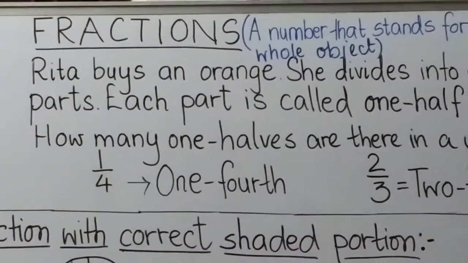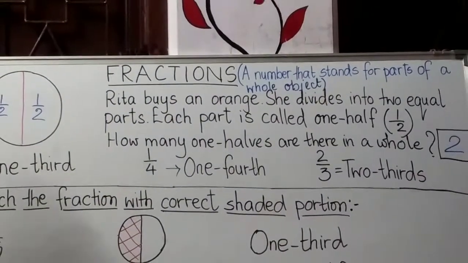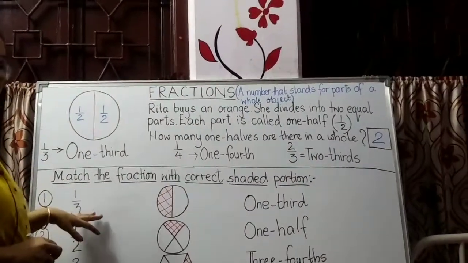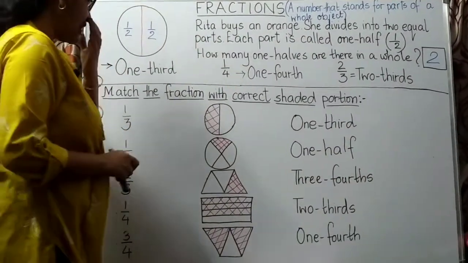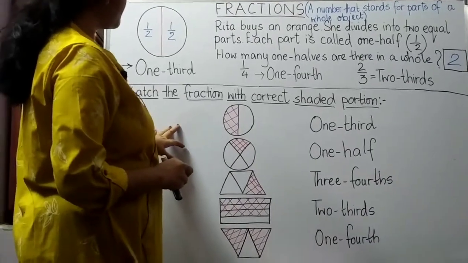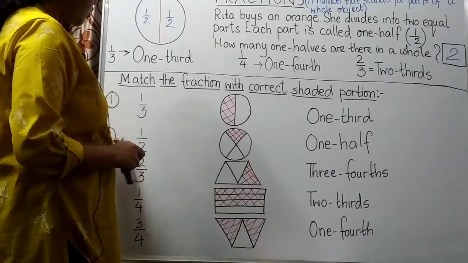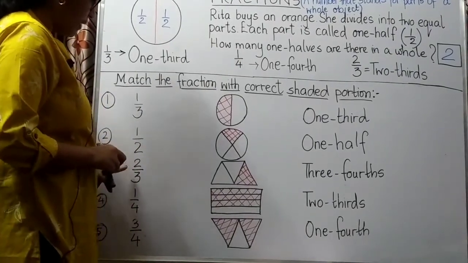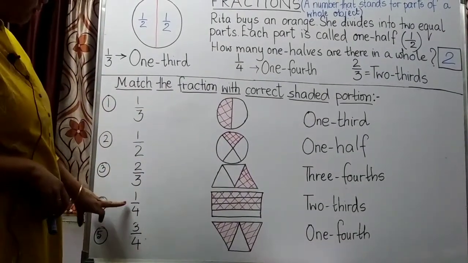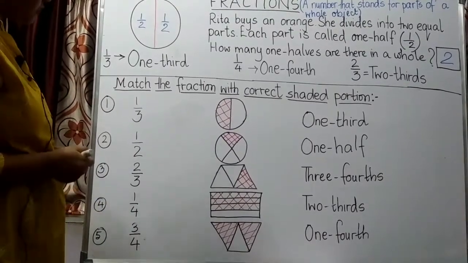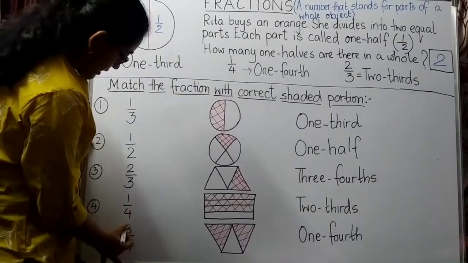Now I have come up with an exercise to clarify the concept of fractions. 1/3, 1/2, 2/3, 1/4, 3/4. So these are 5 fractional numbers.